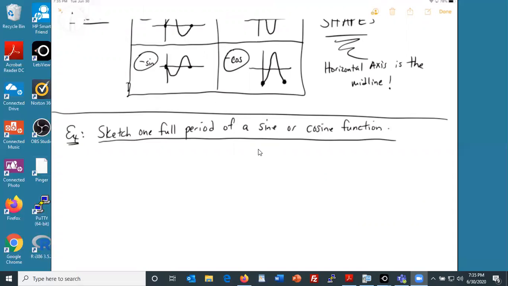So let's write out some rules here on how to do that. You need to transform the 5 key points.